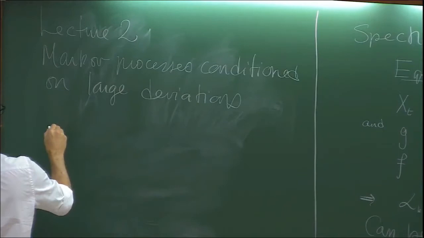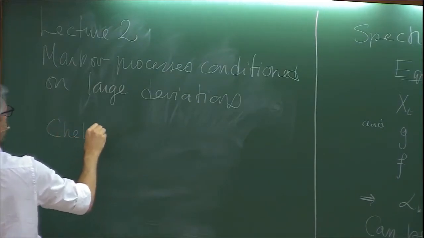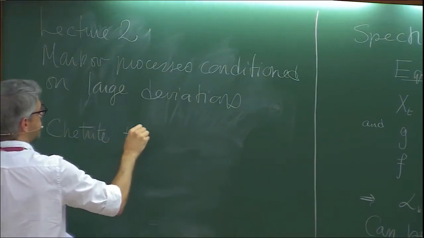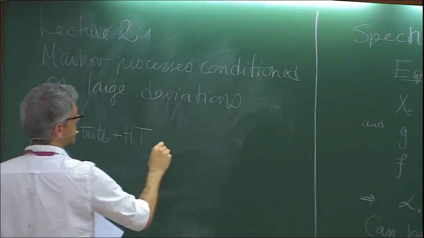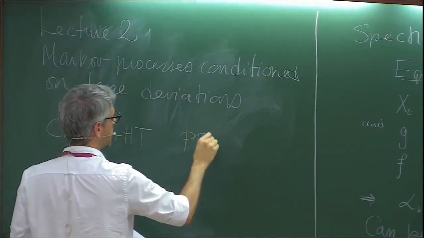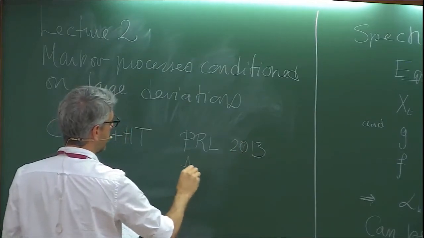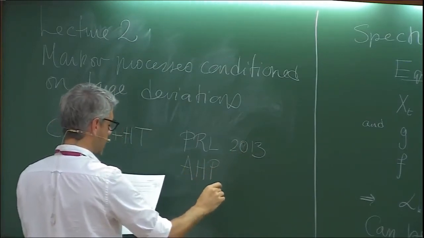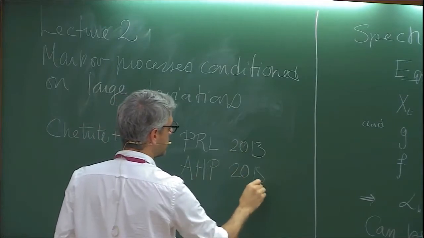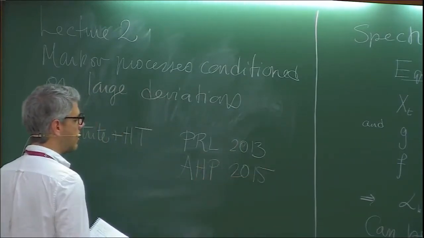So this is work I've done with Raphaël Chetrit. We had a PRL in 2013. Then there's a paper in the Annales Henri Poincaré, 2015, the long paper that has all of the details.